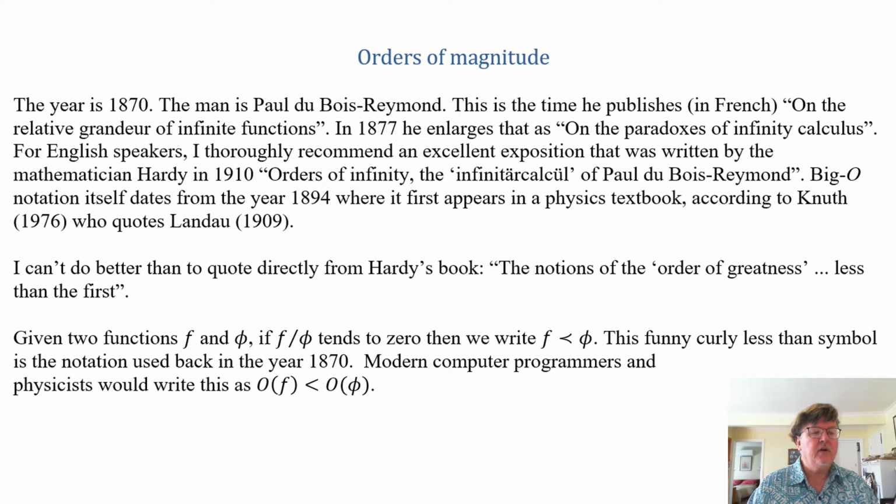The notions of order of greatness or order of smallness of a function f of n, of a positive number n when n is large, or of a function f of x of a continuous variable x when x is large, are of the greatest importance even in the most elementary stages of mathematical analysis.